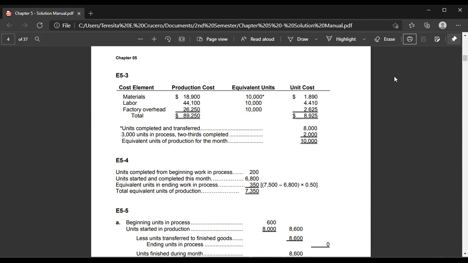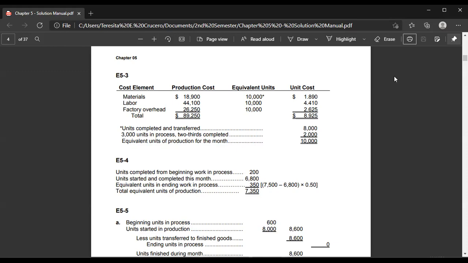Then the equivalent units of 10,000. How did we get 10,000? Units completed is 8,000 units. Then the work in process at the end is 3,000 units. Work done is only two-thirds. So you add 2,000 to 8,000.